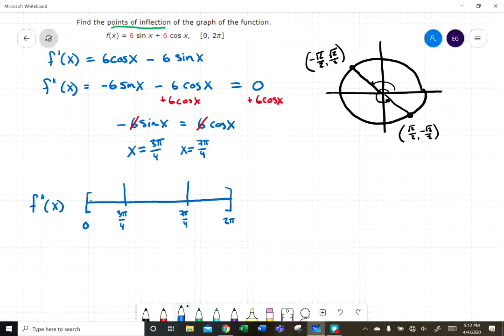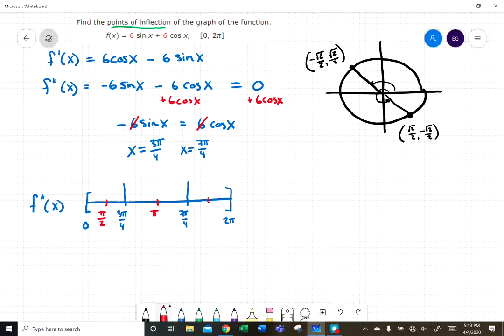So if the second derivative is let's say negative for one number in this interval, it's negative for the entire interval. And if it's positive for one number in the interval, it's positive for the entire interval. So let's take one test value, maybe an easy value to work with. Let's say pi over 2. And let's choose a test value in the center subinterval. Let's use pi. That's a good one.